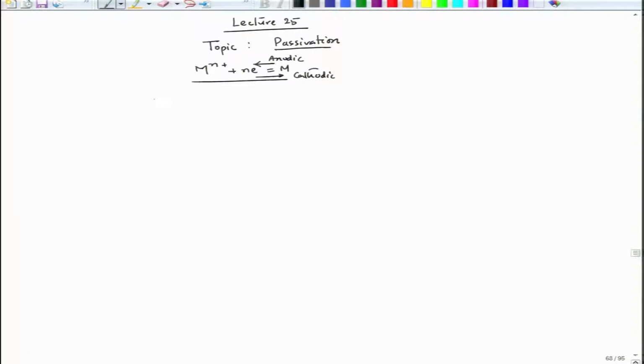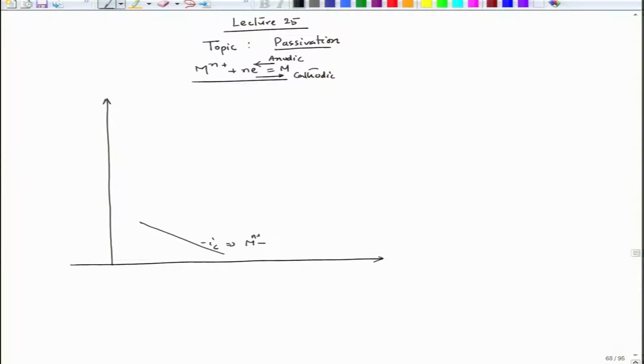Now, if we try to plot the anodic and cathodic both sides, let us say this is my I C corresponds to M n plus plus n e equal to M, this is a cathodic process.